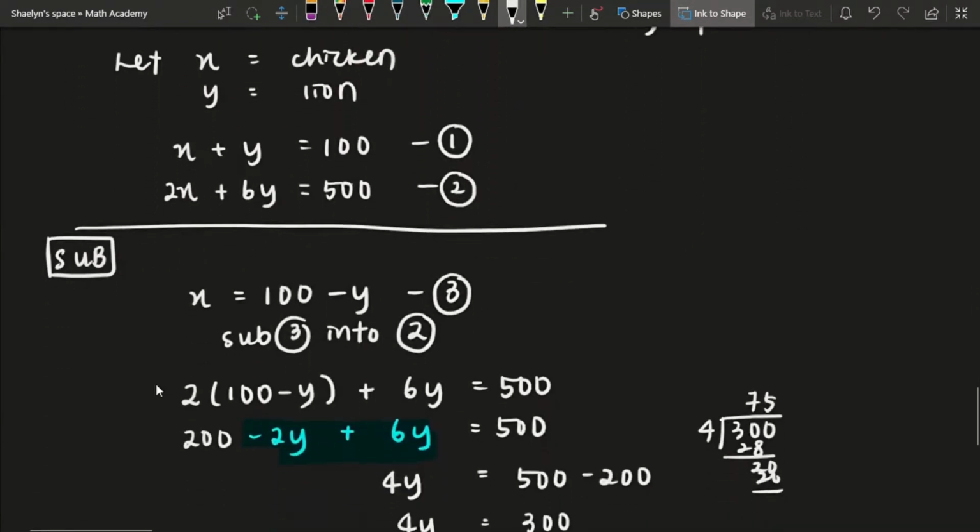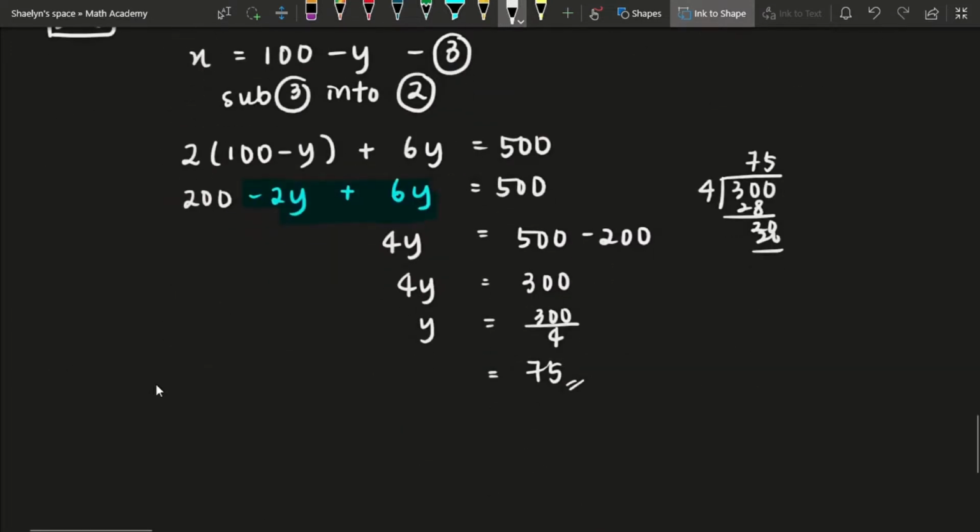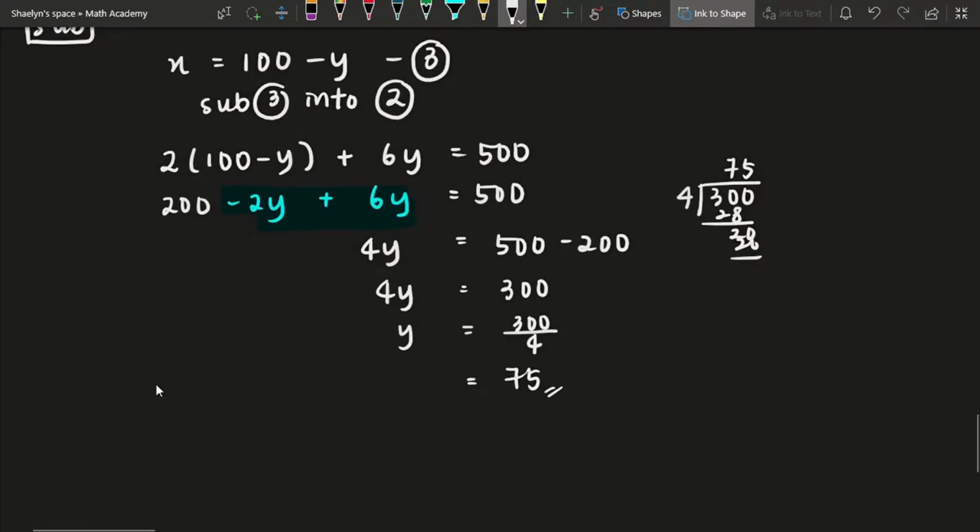Remember, we need to find two variables. We also need to find the number of chickens. So in order to find the chicken, we can use back this equation to help us. This equation says that x equals to 100 minus y. And since we know that y is 75, we just put it in. Alright, so now we know that x is 25.